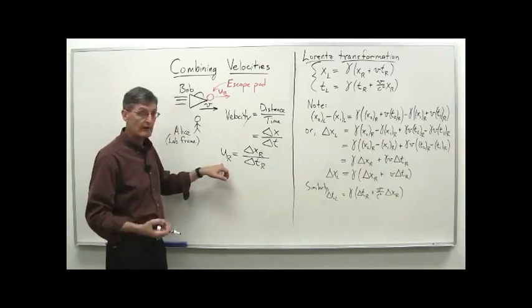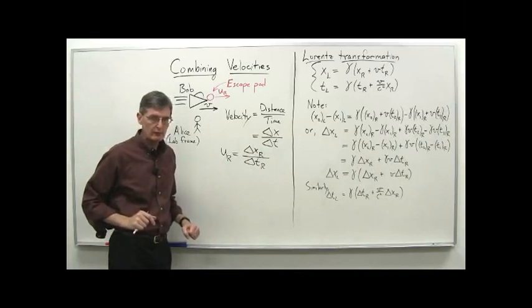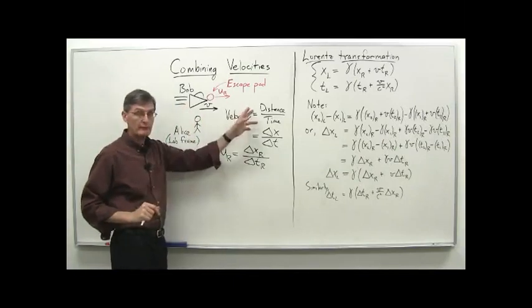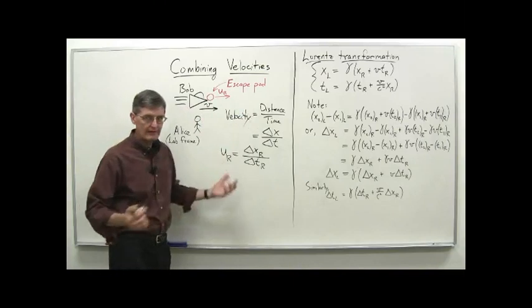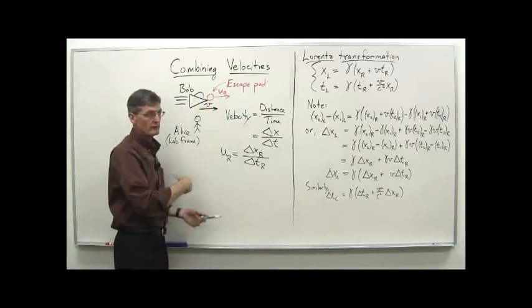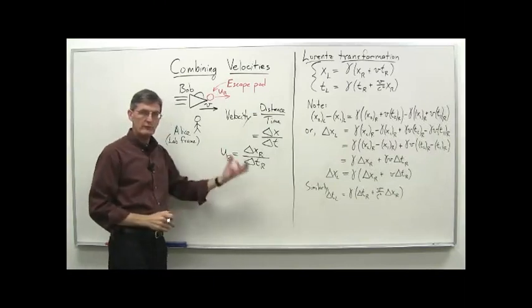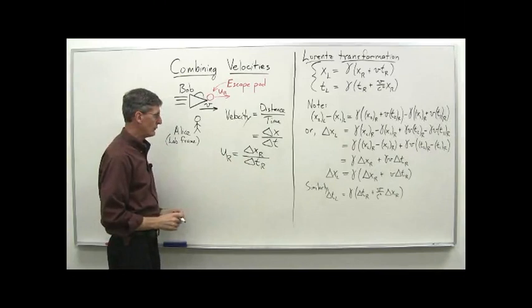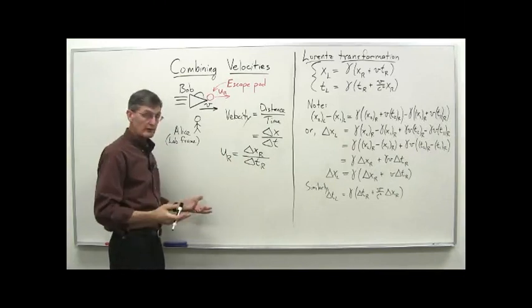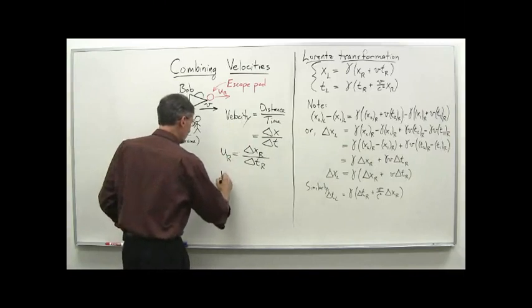Now what we'd like to find is the velocity that Alice sees in her frame of reference for that escape pod going off. And as you might guess, it's not going to simply be u sub r plus v, or v plus u sub r, as in the simpler Galilean transformation example we did before.